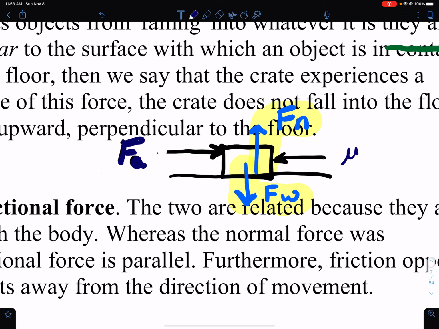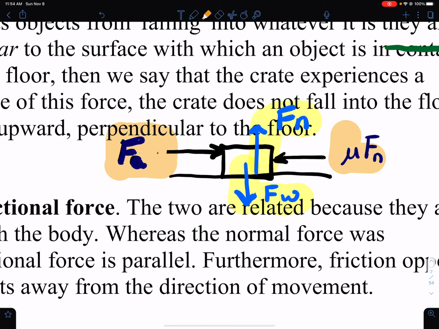Now we're going to put down mu. That's the symbol for mu. The coefficient of friction is just a number times the normal force. Now, a lot of people will put down Fn right here. Sometimes they'll put down just N. But in this case, when we're looking at this particular diagram, I know that I have an applied force acting to the right.